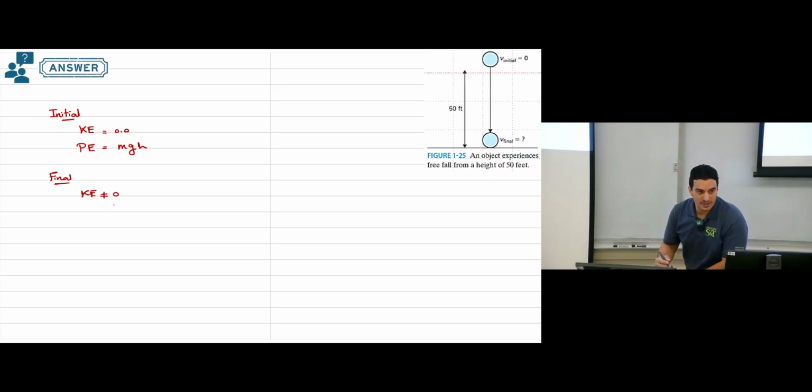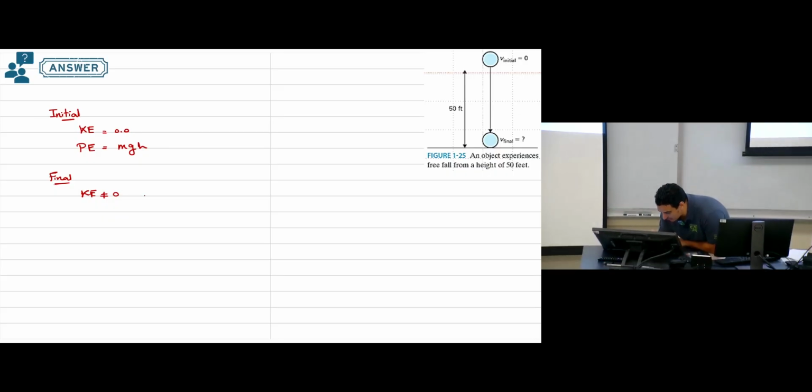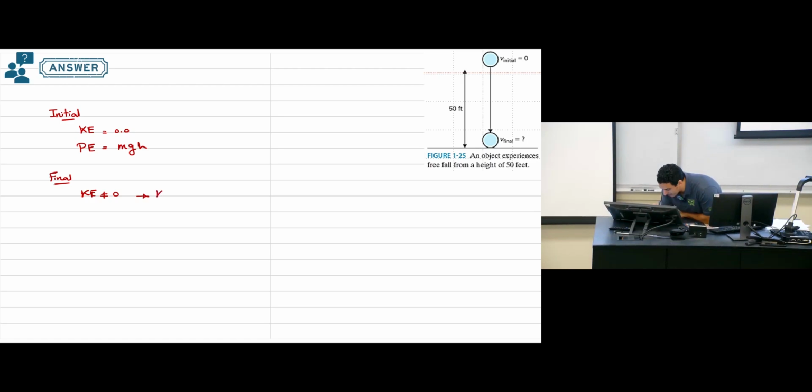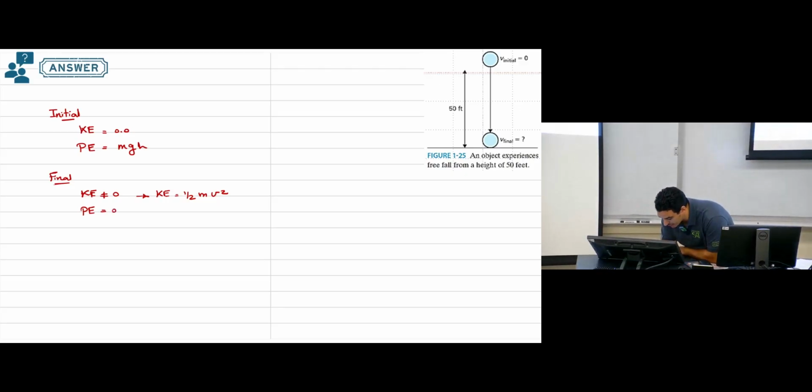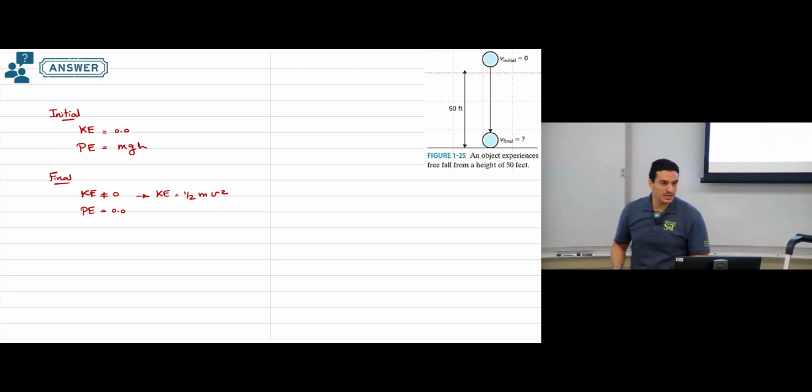We can calculate the kinetic energy from the equation half mv squared. But finally, when it hits the ground, the elevation will be 0, so it doesn't have any potential energy. So basically, we just need to balance these energy forms.